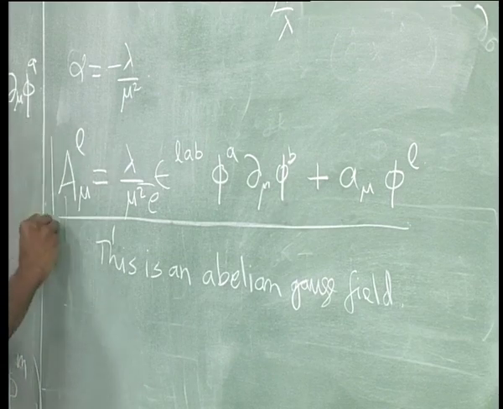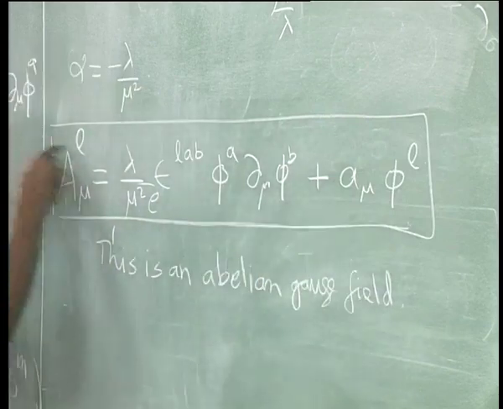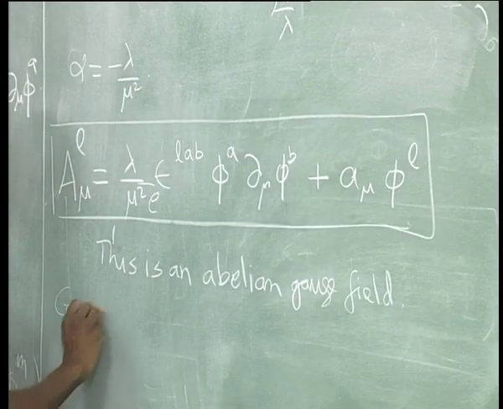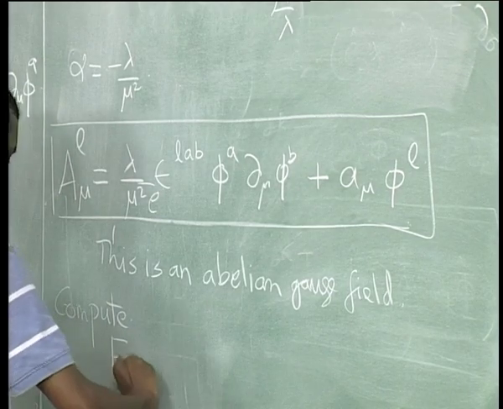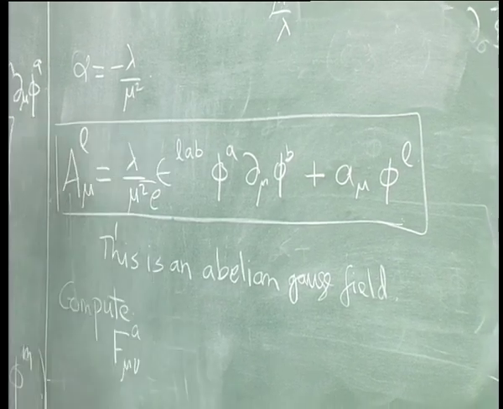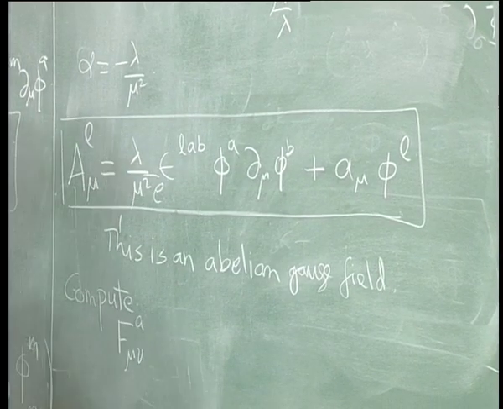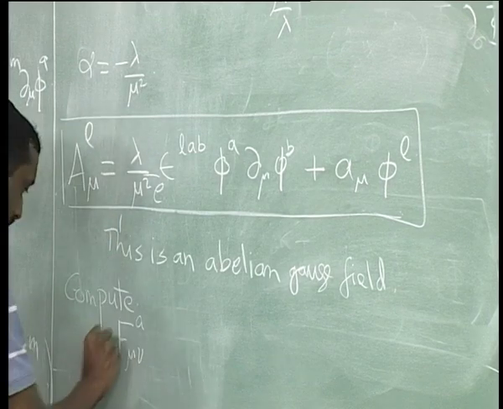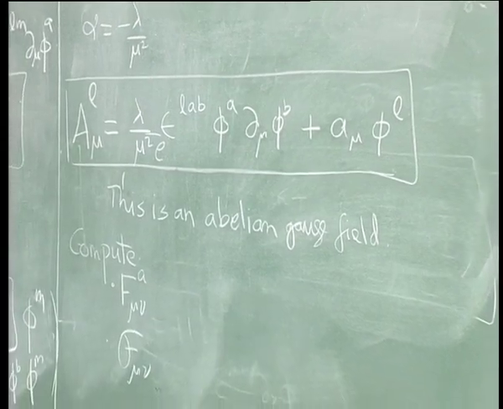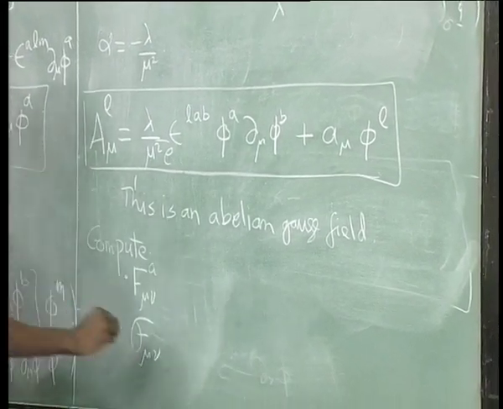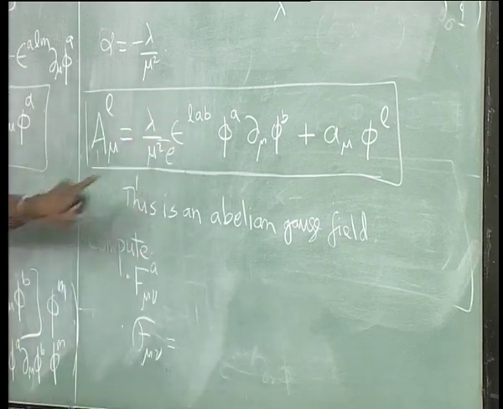So you can go ahead and compute f mu nu A for this, and from this, and then just define the U1 gauge field f mu nu to be just, so let me just do one thing, I want to get rid of these factors.